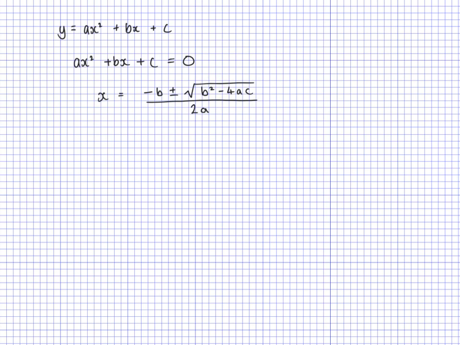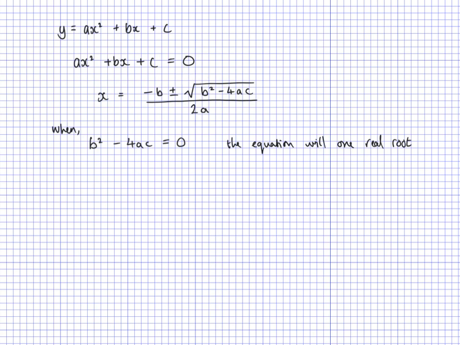So if I was to write all of that down, I would say b squared minus 4ac. When this is 0, the equation will have one real root. Okay, roots are another word for solutions of this equation.